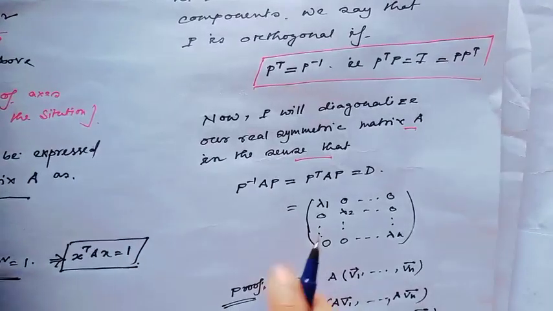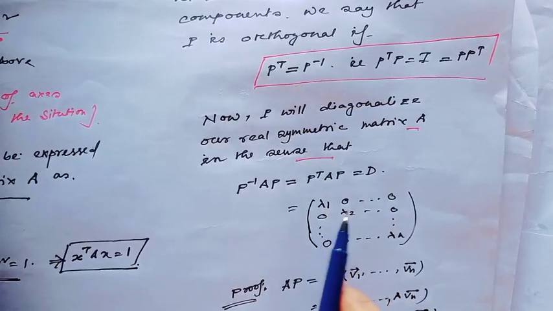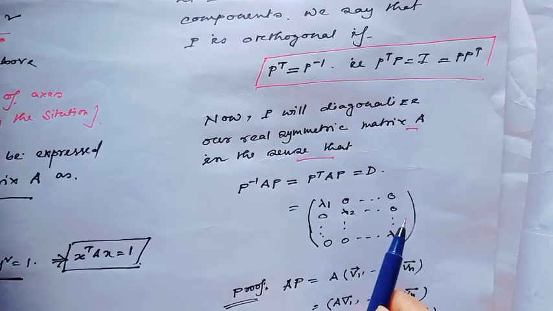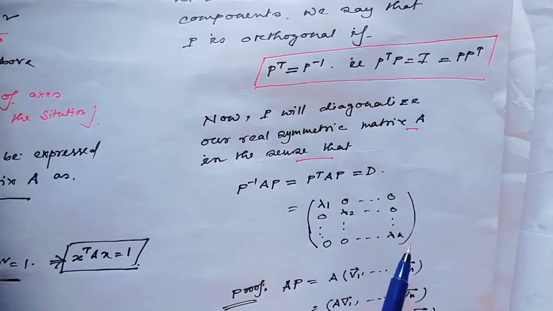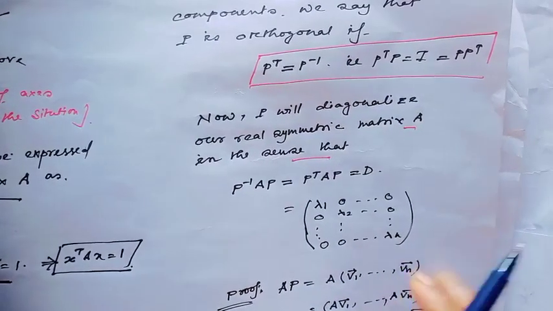and this diagonal matrix means lambda 1, 0, 0, 0, lambda 2, 0, and so on, where lambda 1, lambda 2 up to lambda n are the eigenvalues.